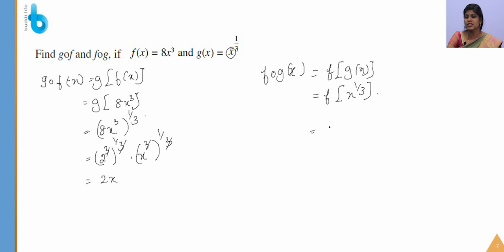So what is f(x)? 8 into x to the power 3, that is (x^(1/3)) whole to the power 3. So this 3 and this 3 will get cancelled, which gives 8x. Okay, this is how you should find the composition of functions. It's a small example. Okay. Next we'll move on to the next topic.